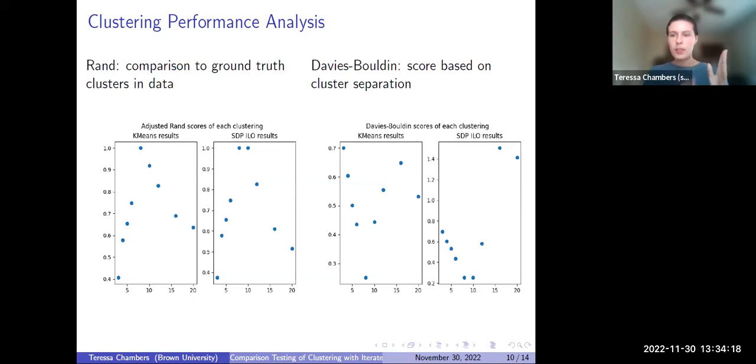And then it'll either have sort of a sharp elbow shape like this, or more realistically, it'll probably just continue improving, but not as rapidly as you go up. And the messier the data, the less of a shift you'll see there. So being able to get this really dramatic change means that there's a good chance that iterated linear optimization could handle much less nice looking data and still produce results that lead you to the correct number of clusters.